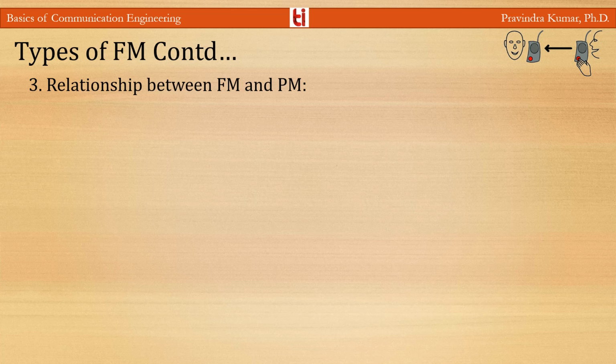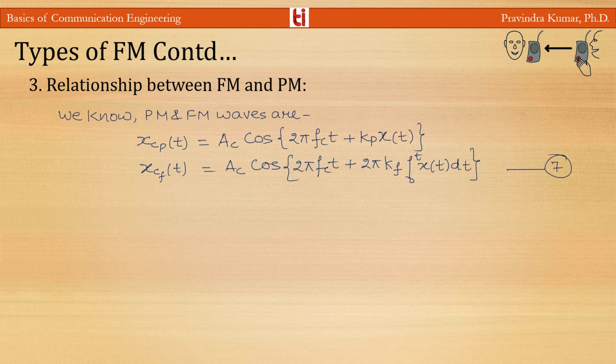Now, the relationship between FM and PM. We know the expression for FM and PM waves in the time domain. For PM, it is Ac cos(2π fc t + kp x(t)), and for FM it is Ac cos(2π fc t + 2π kf ∫x(t) dt).